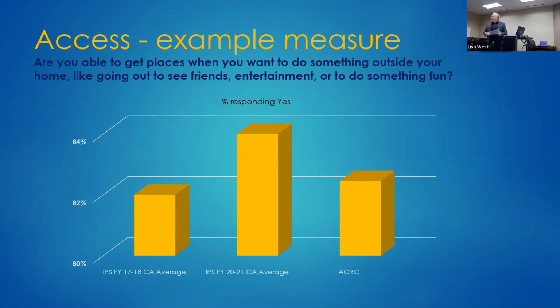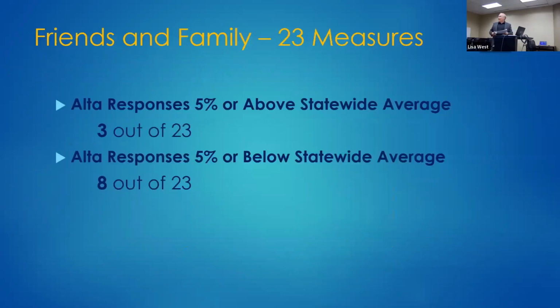ALTA clients responded yes, 82%. And the statewide average was 84%. So there was only a difference of 2%, which wasn't considered significant, but those were the types of questions that clients were asked pertaining to the broad category of access. We didn't do a deep dive into this again because there weren't any outliers.